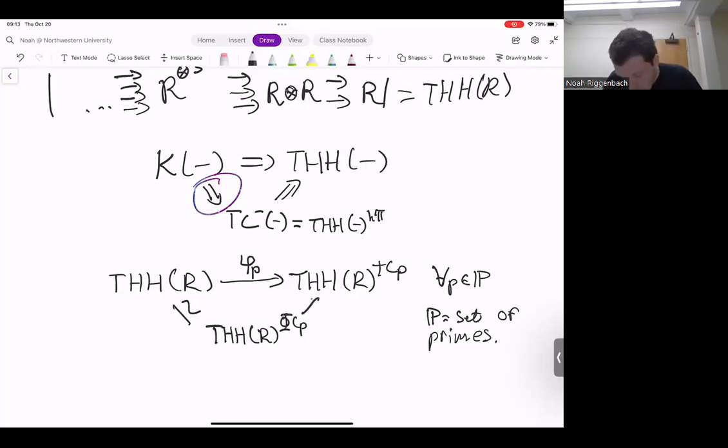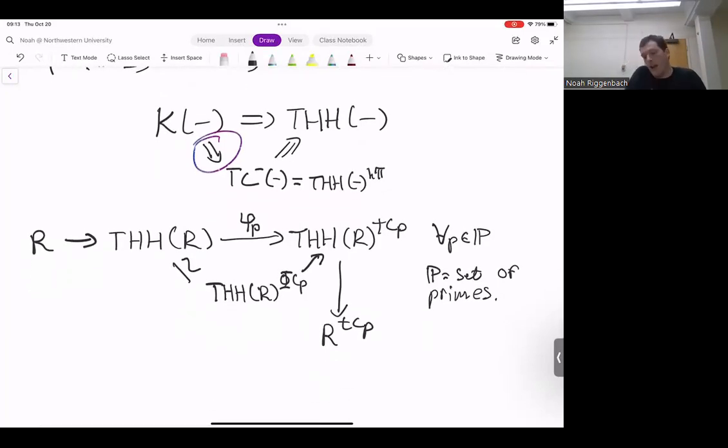And then there's always a natural map from, sorry, not the genuine, the geometric fixed points to the Tate construction. And that's one way to think about what these maps are. Why are they called Frobenius maps? Well, THH always admits a non-equivariant map from R, and THH of R Tate C_p will always map to R Tate C_p.